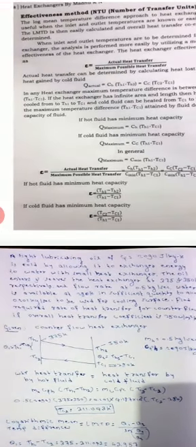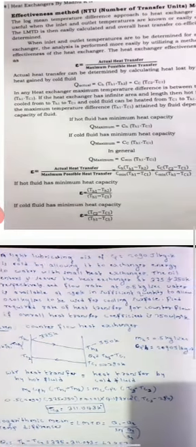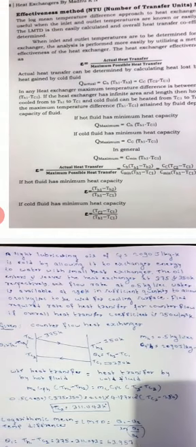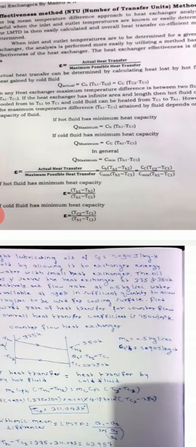Water is available at 280 Kelvin in sufficient quantity to allow 0.201 kg per second to be used for cooling. Find the required rate of heat transfer area for the counterflow if the overall heat transfer coefficient is 250 watt per meter square Kelvin. This is the counterflow heat exchanger problem.